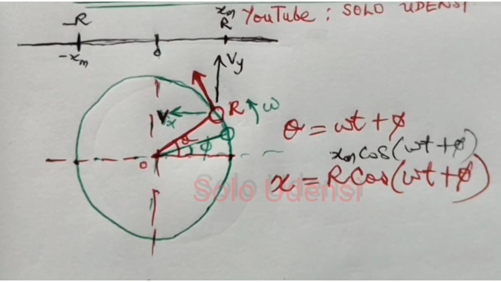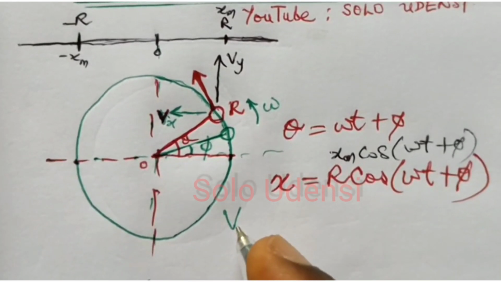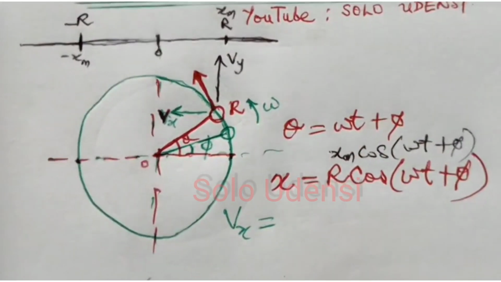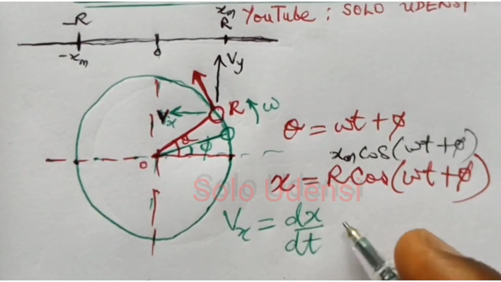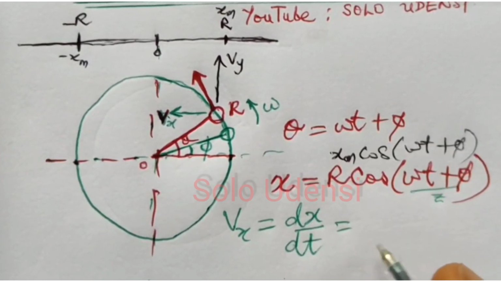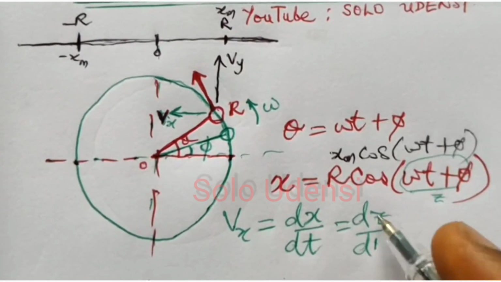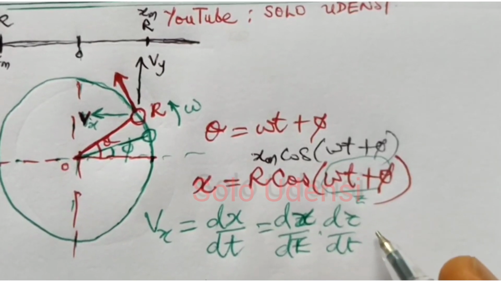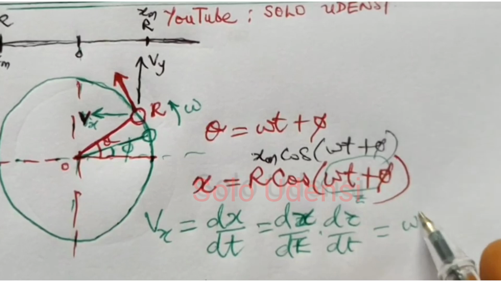So that is for the displacement. But for the velocity Vx along the x-axis, Vy will be along the y-axis. In order to get that, we just differentiate the displacement with respect to time. If we call the whole of this z, we can see that it is a function of a function. If we differentiate z with respect to t, we get omega.